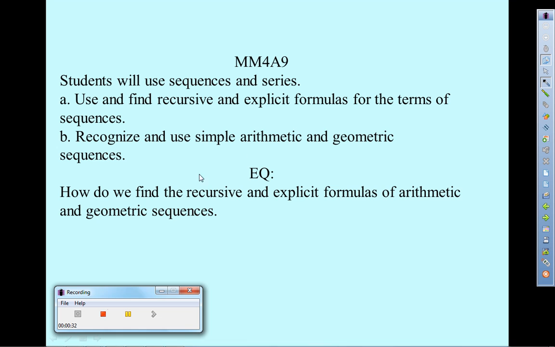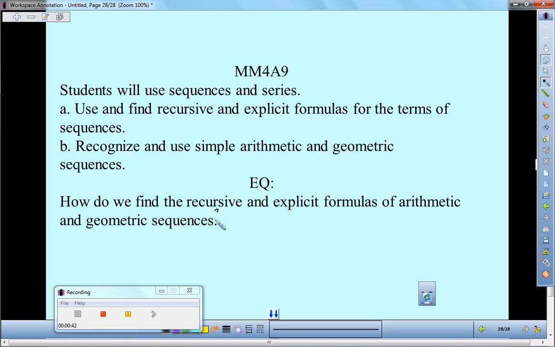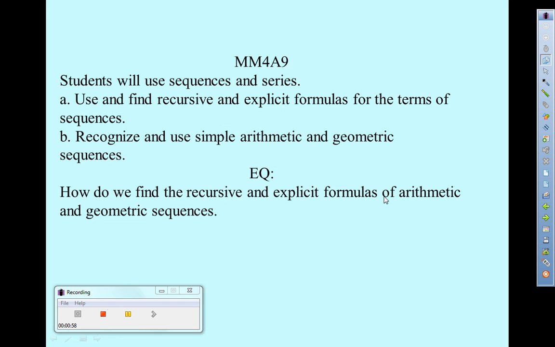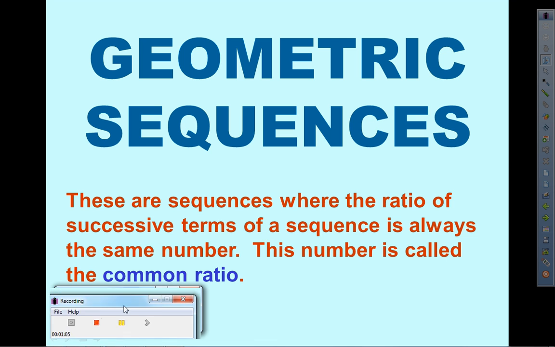Now, our essential question is, how do we find the recursive and explicit formulas of arithmetic and geometric sequences? Today, in this video, we're going to look at geometric sequences. Arithmetic, we know, is where we add a common difference to get from one term to the next. Well, in geometric sequences, we have what's called a common ratio.